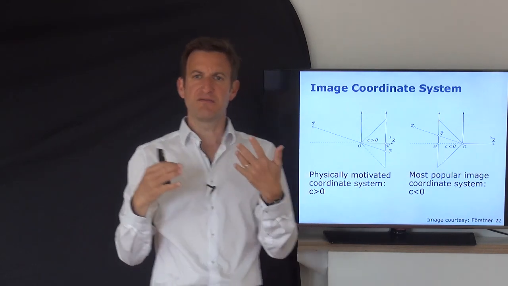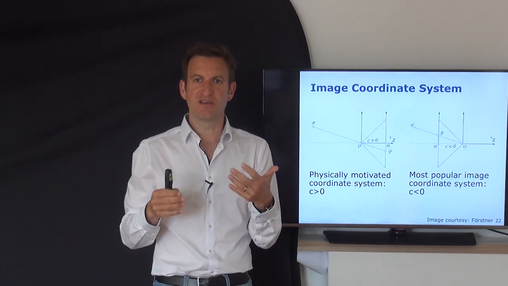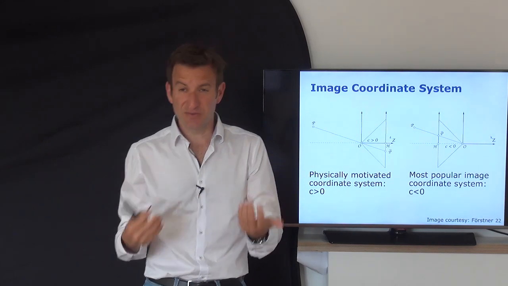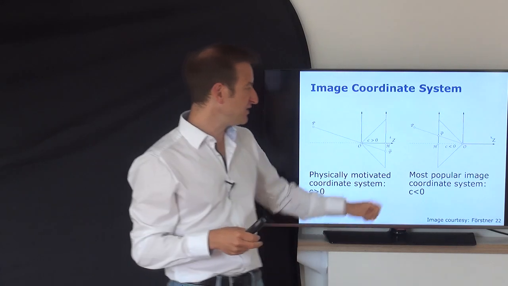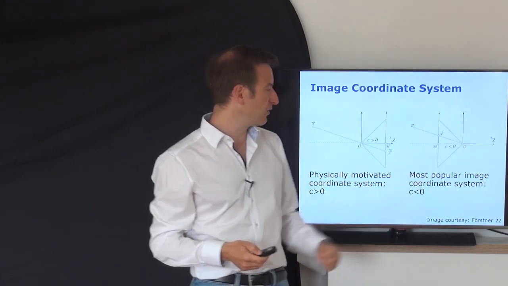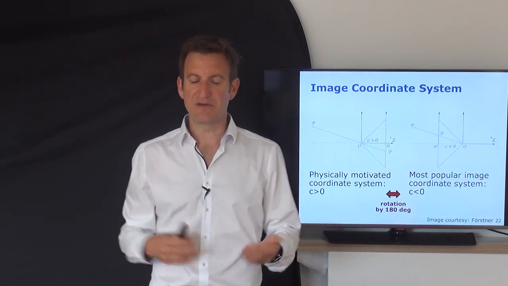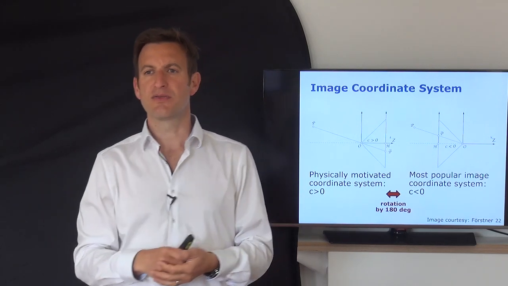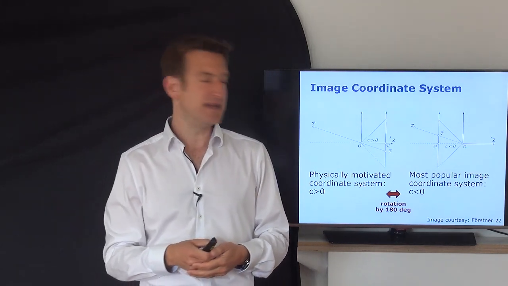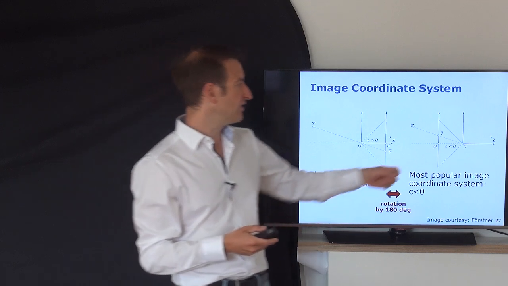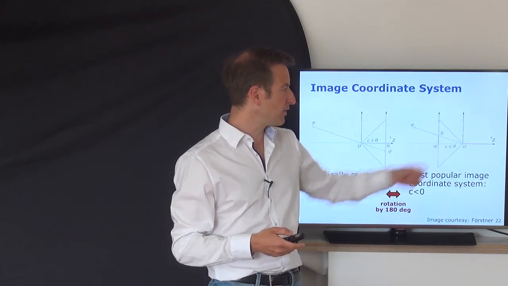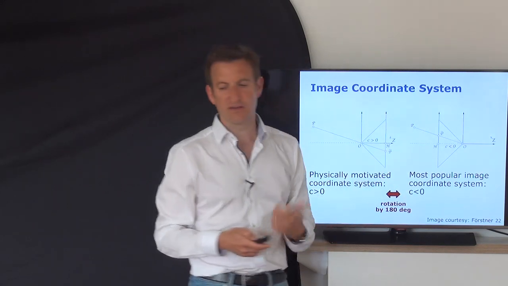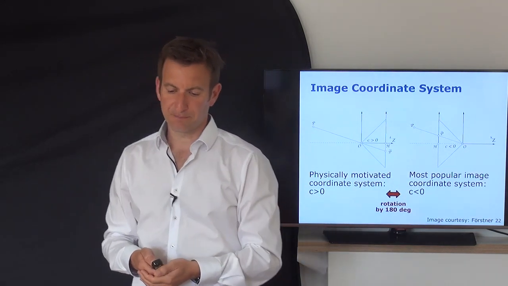And then the projection is from this point through the image plane to the point in 3D. Again, this is kind of equivalent, although it's not in line with physics, but it makes visualizing things much easier. So we typically use this coordinate frame here, and they are equivalent with each other just by a rotation of the image plane by 180 degrees. So in this case, the z coordinate, the camera constant, is negative, so that it sits on the correct side.